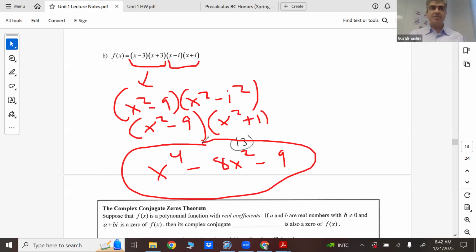We're okay? And by the way, that's a degree 4. So it could potentially cross the x-axis 4 times, or have 3 peaks and valleys. But of course, there's only 2 real x-intercepts, just 3 and negative 3. So it only crosses the x-axis twice if you were to graph this. This is why we're spending time doing this stuff, because when we start applying calculus principles to these functions, I'm expecting this graph to cross the x-axis just twice.